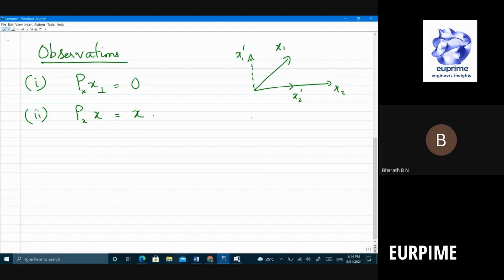I can do the following, right? So I can do x1 dash transpose minus x2 dash transpose, right? Let me call this p x1 x2, okay? I want you to think about what this gives us.